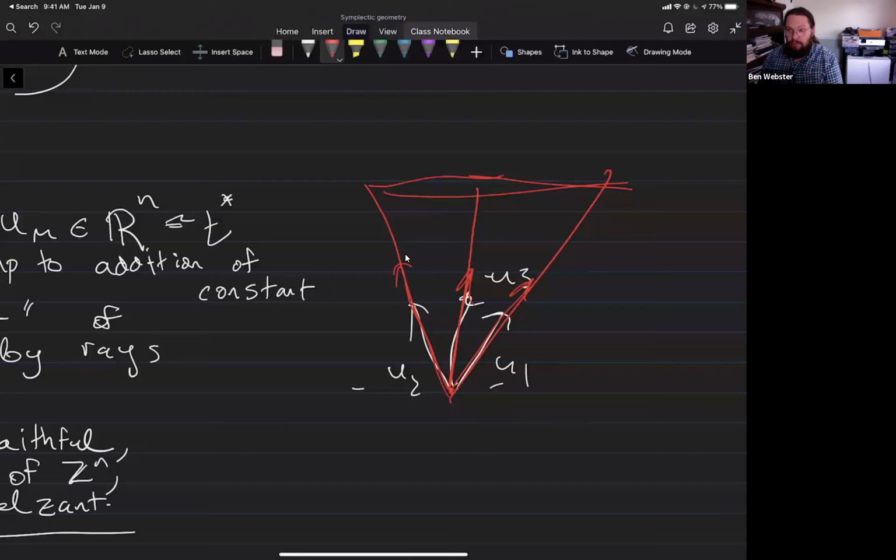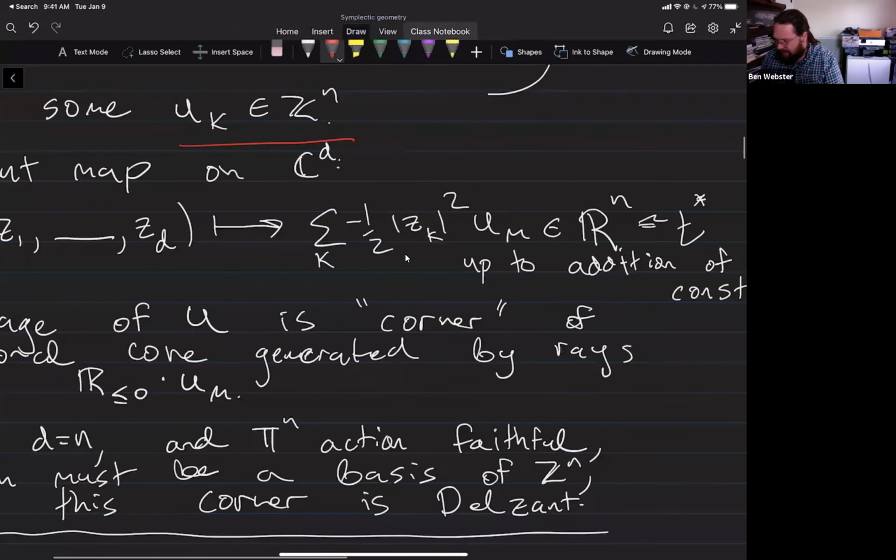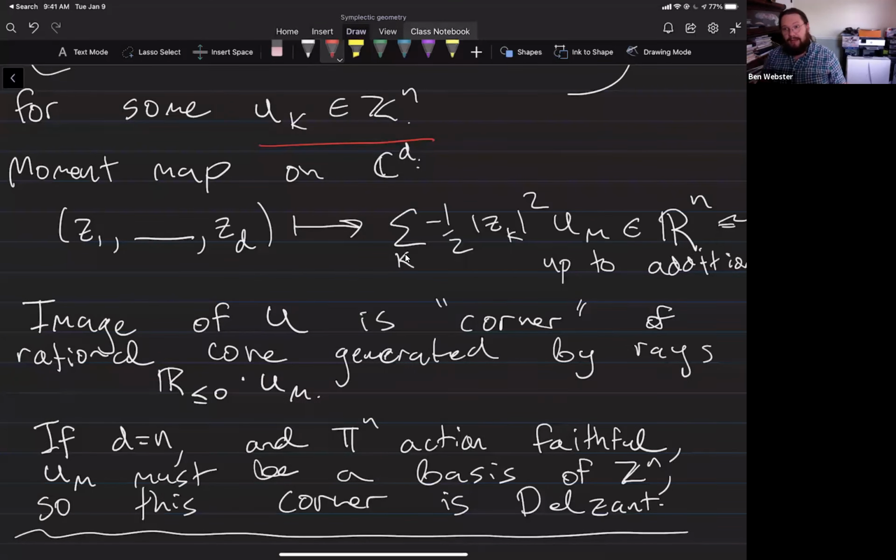I'm using these U's in the way Cannas da Silva does, as the integer vectors that point along the edges coming out of the vertex. And so the fact that these must be a basis of Z to the N tells me that this corner satisfies the Delzant condition. So as I said, just out of the geometry, out of the fact that the dimensions match and my action is faithful, the Delzant condition pops out immediately.